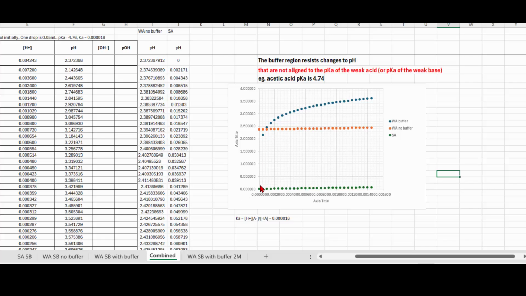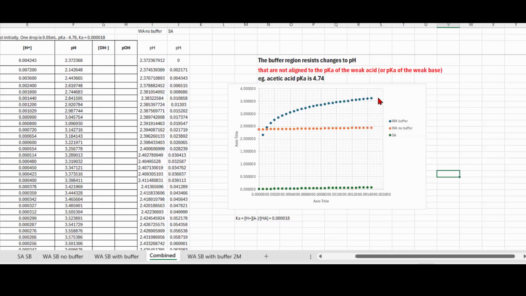You get this here for the strong acid, this for a weak acid without a buffer effect, and this with a little dip for the weak acid with the buffer effect. So as you're adding sodium hydroxide along here, the buffer region is doing the opposite. It's not resisting changes to the pH, it's accelerating them, and the pH is radically changing.